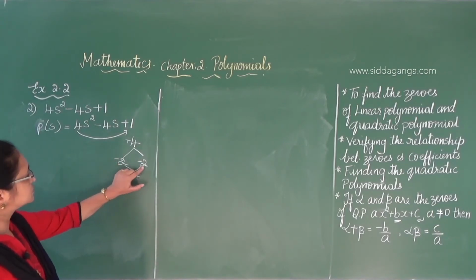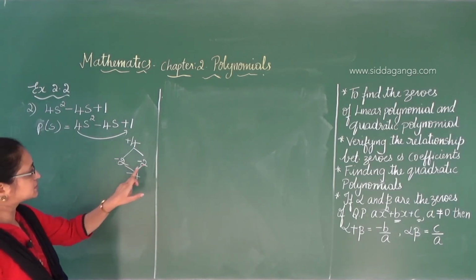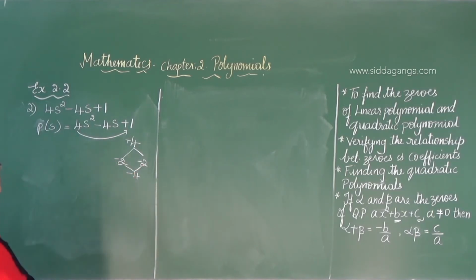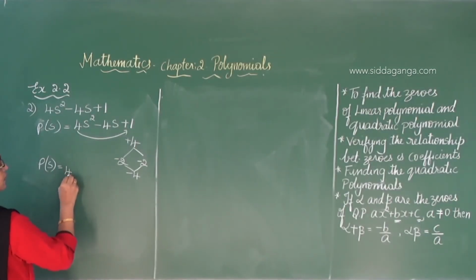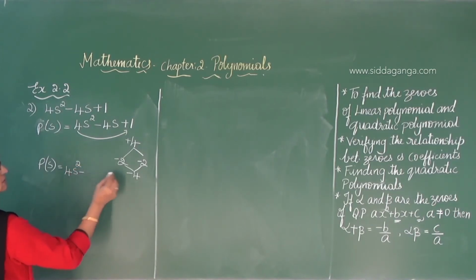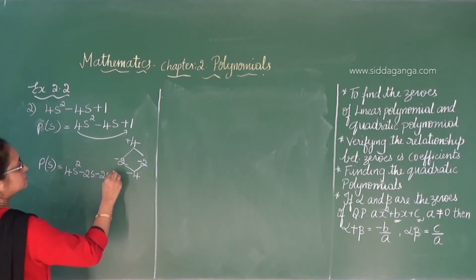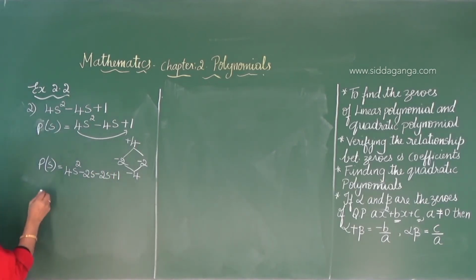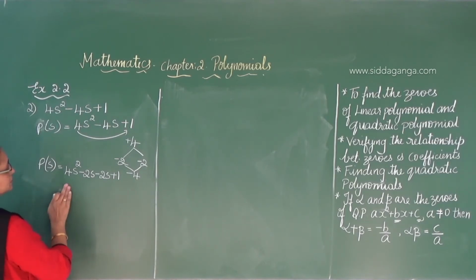So, 2 2s are 4, minus into minus plus, and minus 2 it gives minus 4. Now, this will become 4s square minus 2s minus 2s plus 1. To get here what is the common? Common is 2s.